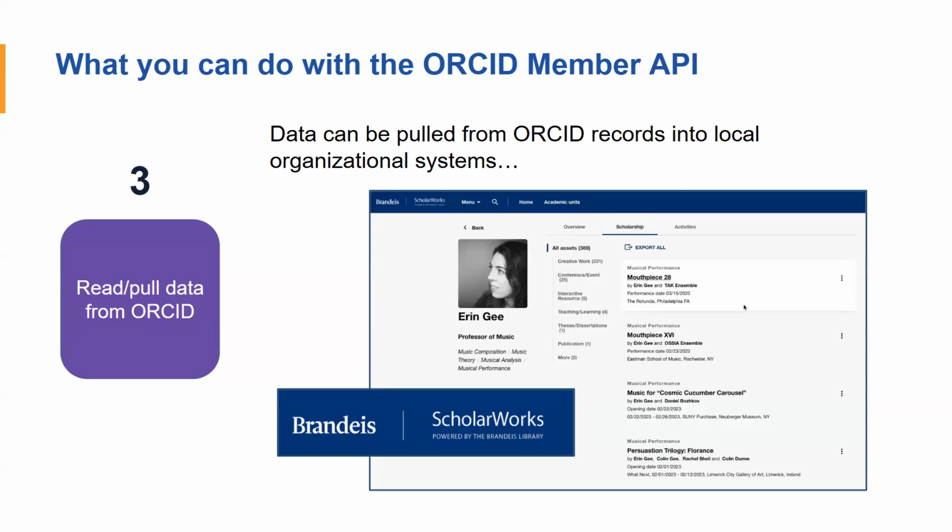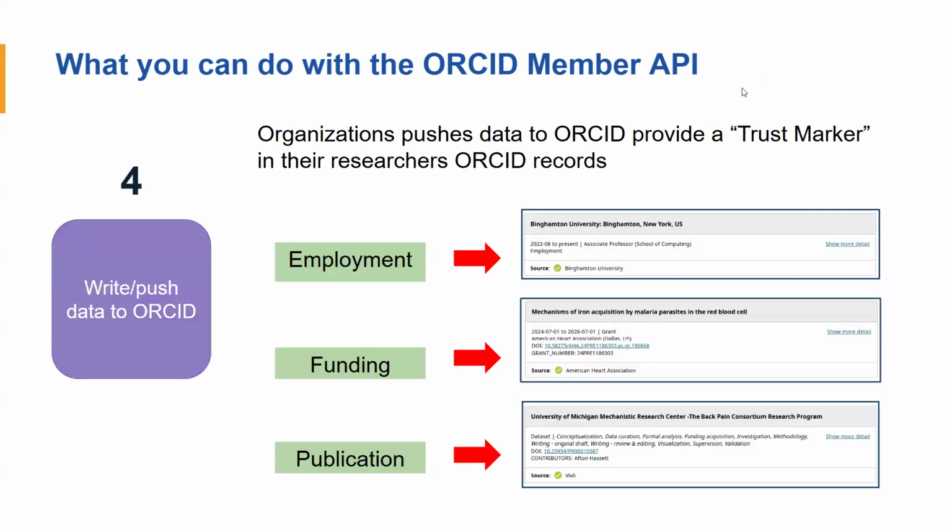So data from ORCID can be pulled by organizations using the API, and then organizations can use it to populate their faculty profile pages, or for a faculty reporting system, for example, or any other things that they would like to do, such as perhaps an analysis of the research within the organization. And finally, on the next slide, we're going to talk about the fourth function of the member API.